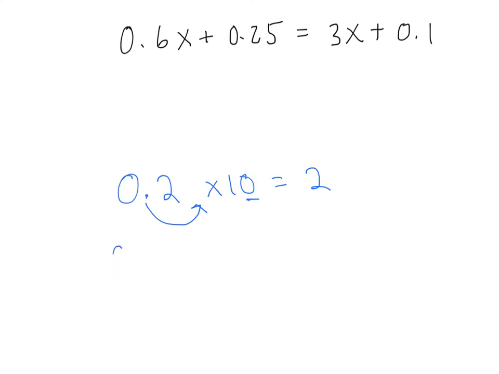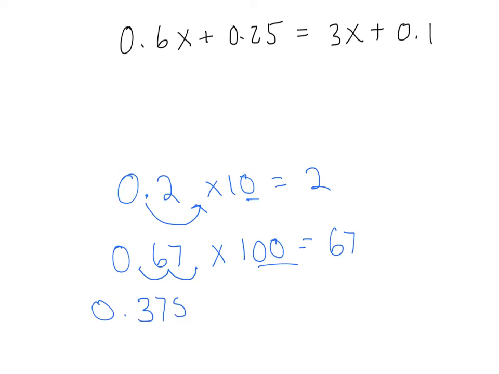Well, now what if I have a number like 0.67? I want it to be a whole number, so I need it to move 2 times. So I'm going to multiply by a 1 with 2 zeros, or 100, and that's going to get me 67. Same thing if I had, let's say, 0.375, and I want that to be a whole number. Well, I need it to move 1, 2, 3 times.